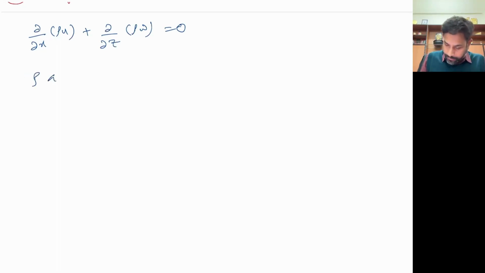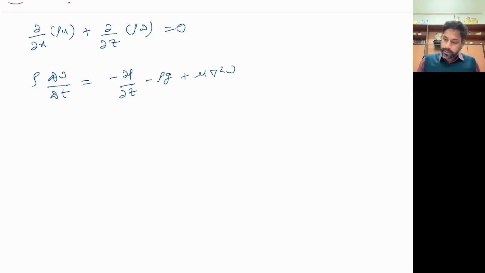We will write d by dx of rho u plus d by dz of rho w is equal to 0, and rho dw by dt is equal to minus dp by dz minus rho g plus mu del square w.